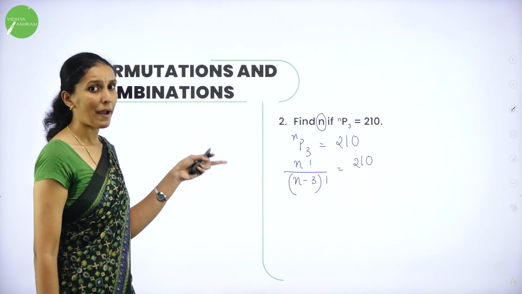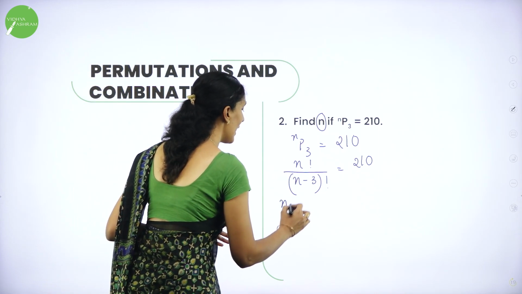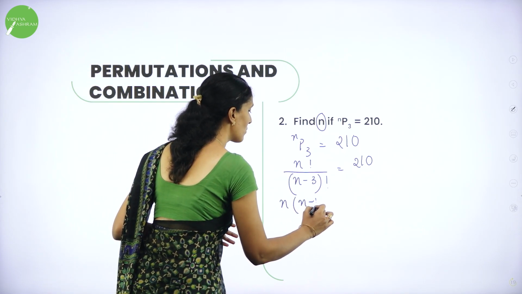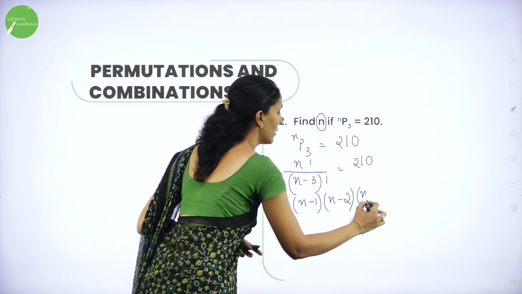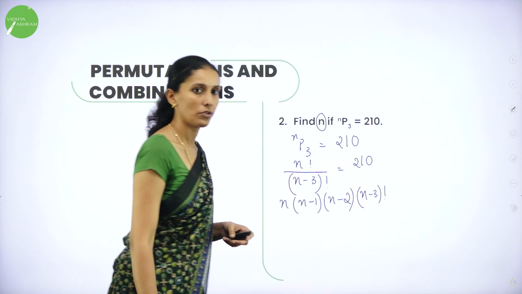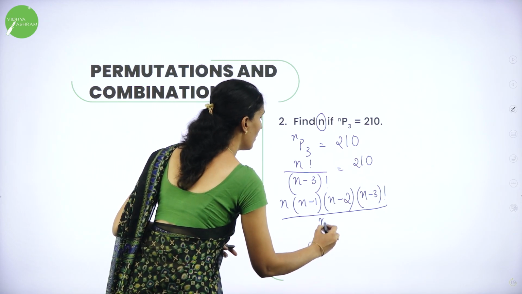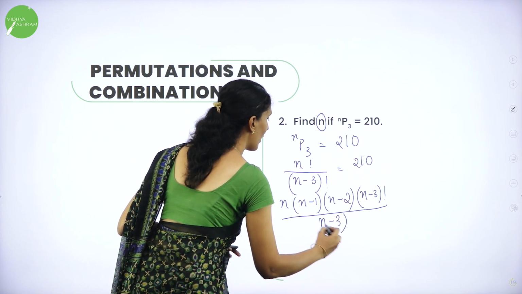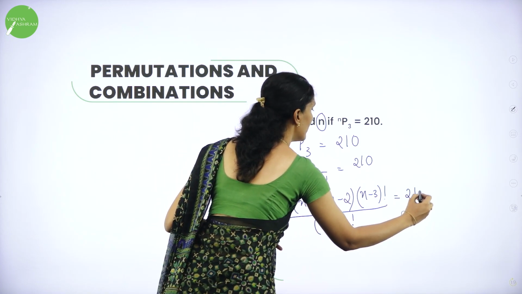What is the expansion of N factorial? N factorial can be written as N into N minus 1 into N minus 2 into (N minus 3) factorial. I'll stop here and use the factorial, the whole divided by (N minus 3) factorial, that is equal to 210.